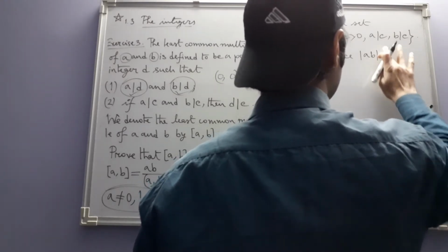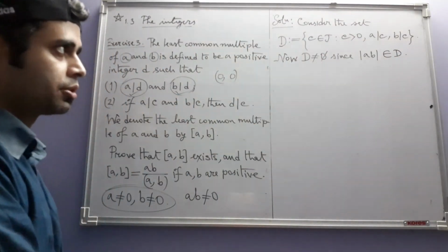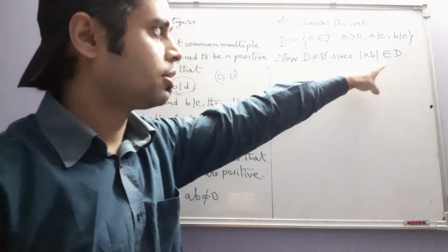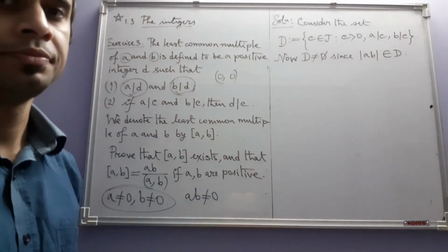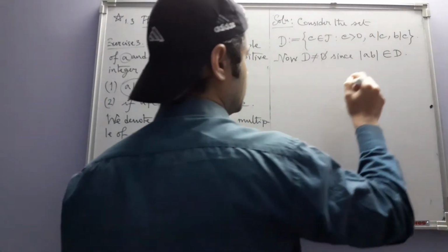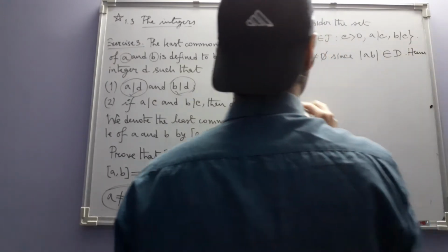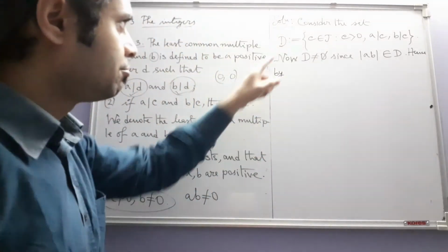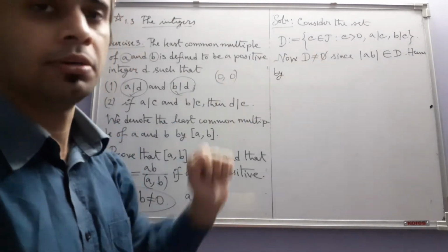Since this belongs to D. Okay, this is strictly positive, but why does it belong to D? It belongs to D because it's a multiple of both A and B. That's why. Hence, okay. So now we have a set of positive integers which is non-empty.